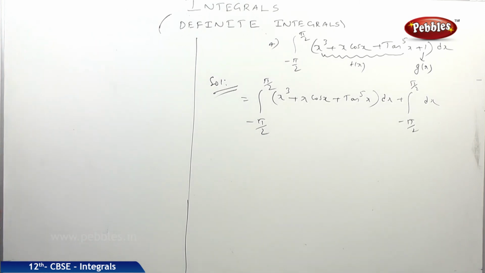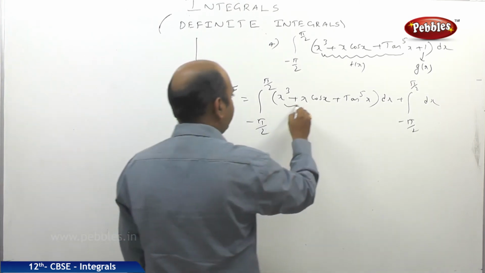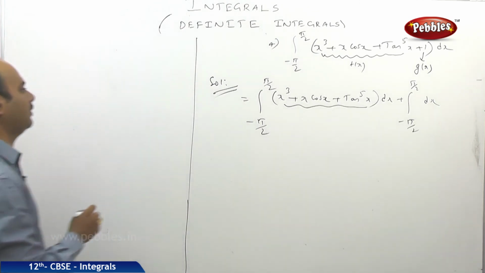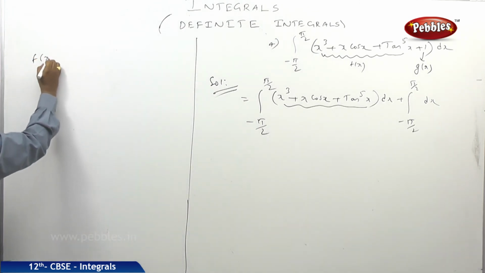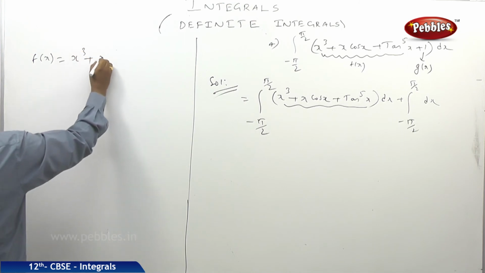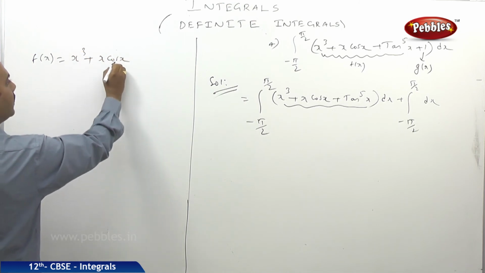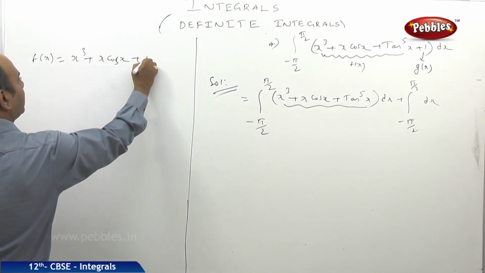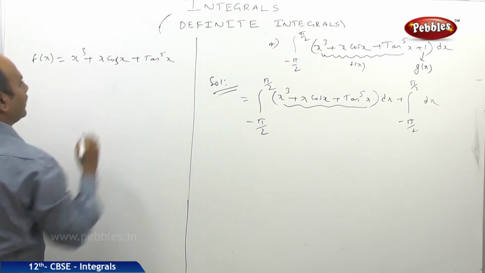Now if you observe carefully, this is a function. That function, for some time, for my convenience, I will write as f of x: x cube plus x cos x plus tan power 5x.